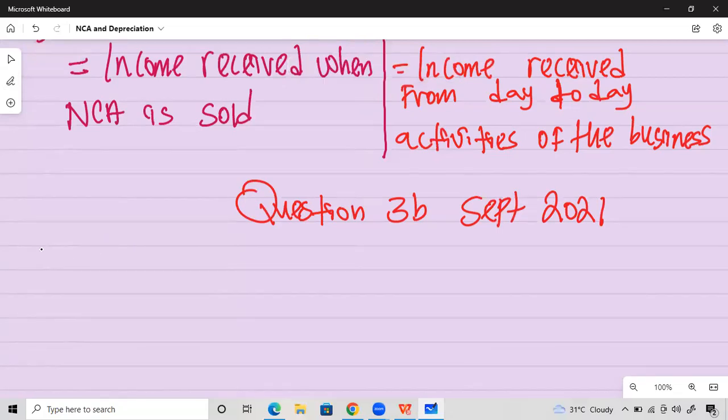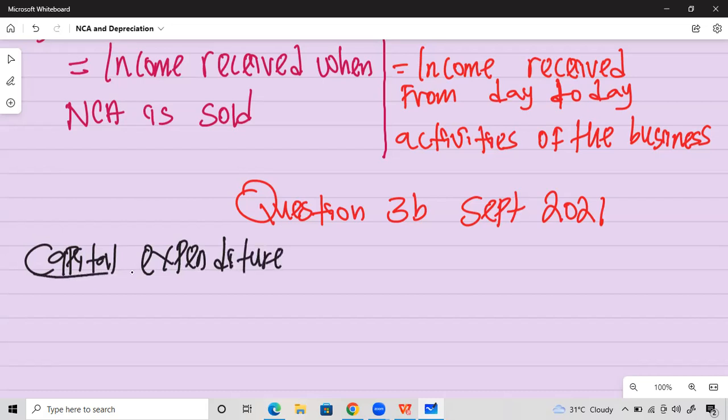So what I want to do now, I can say capital expenditure. I can also say recurrent expenditure.